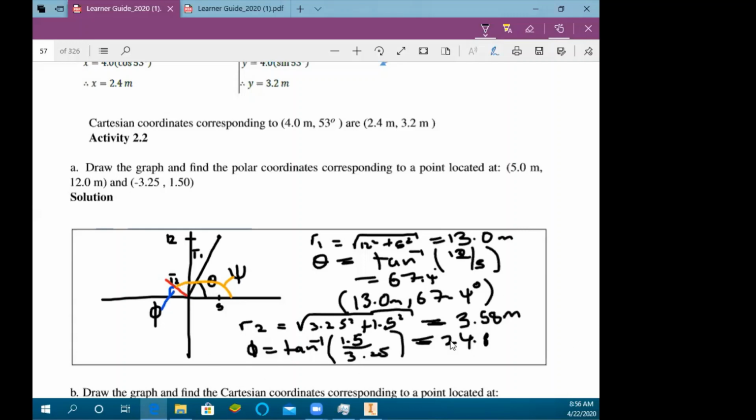So 180 minus 24.8 gives 155.2 degrees. This is the angle here. Does it make sense?